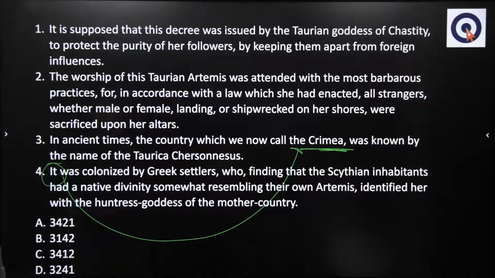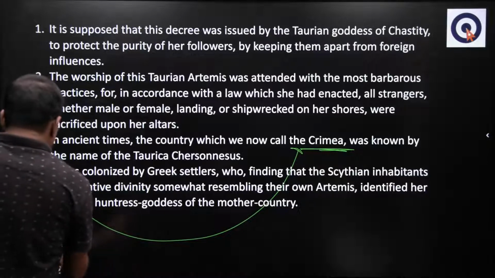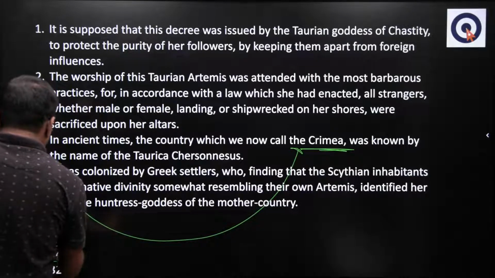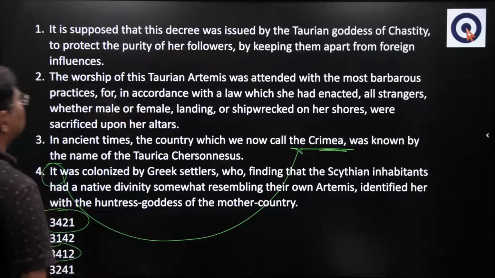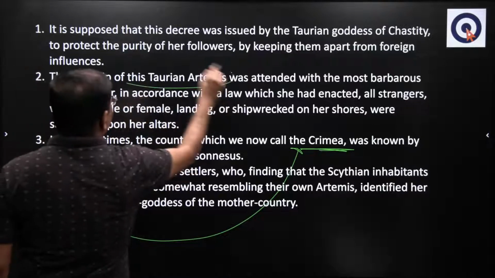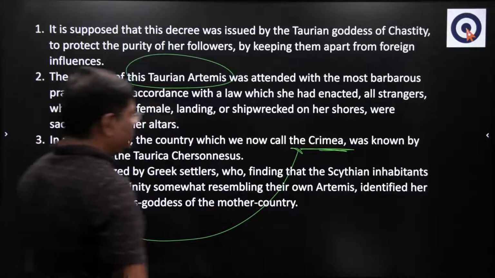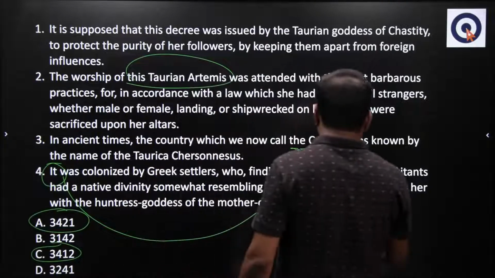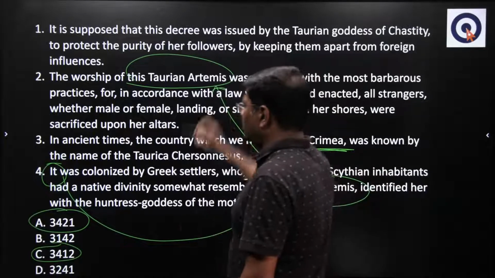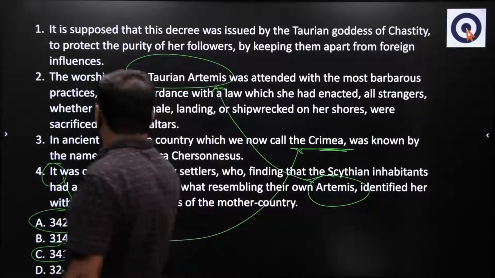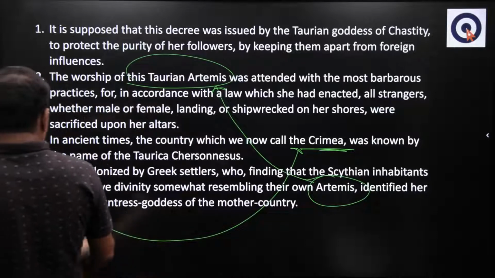So 3-4 is a pair. 3-4 is a pair only in C and A. Correct? The worship of this Taurian. So this Taurian Artemis refers to what? Artemis. Correct? So can I say from here you move to here, and therefore 3, 4, 2, 1 is the right sequence.